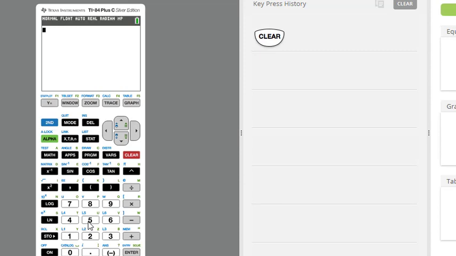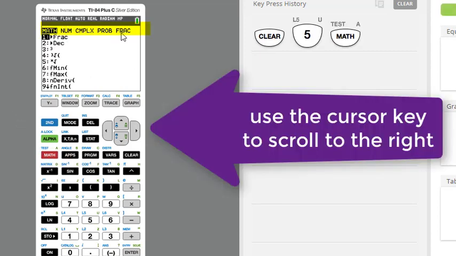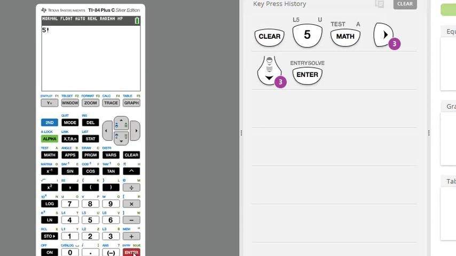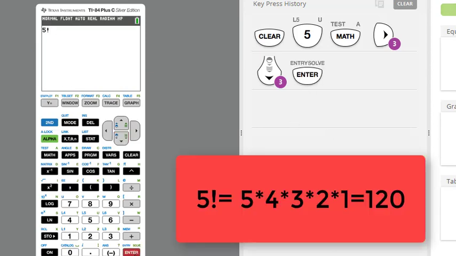I'm going to hit 5 on my calculator. I'm going to go to the math button. I'm going over to the probability. And then I see my factorial button. I went down to number 4, hit enter, and hit enter again. The answer is 120.